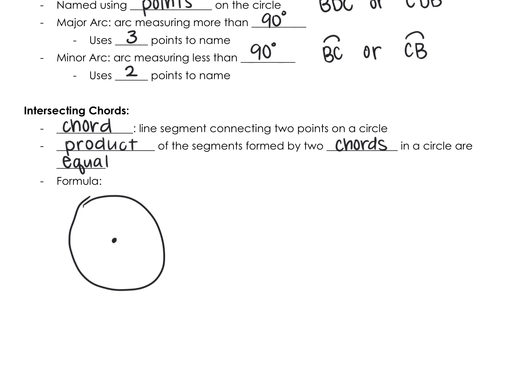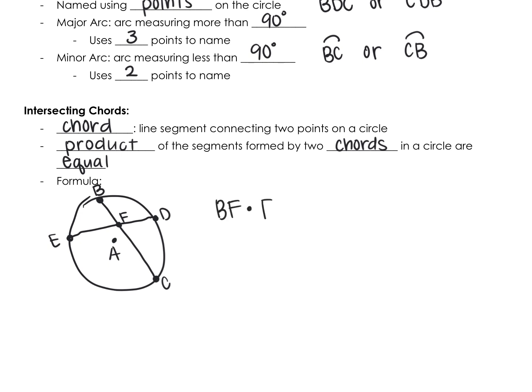So let's go ahead and name our circle A. I'm going to draw two chords, neither of which are going to be a diameter, just to make it a little bit easier to see what we're talking about. So I'm going to do BC and DE, and I'm going to go ahead and name my intersection point F. So what my formula tells me is that the product of those segments, so BC is made up of BF and FC.